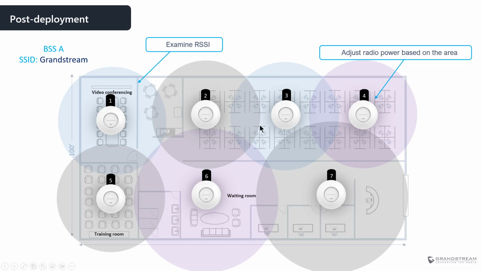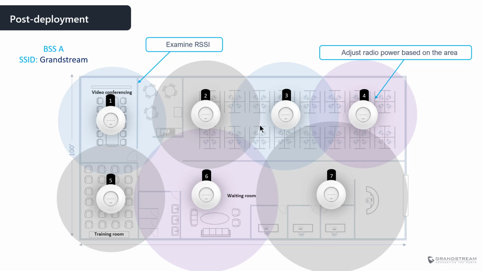So after you adjust the radio power of the access points, you always need to check the RSSI. And the RSSI can be verified from the wireless client by simply going to the settings of the device, and also from the access point configuration page and the client, which I'm going to show you in a moment, where you can see the RSSI.